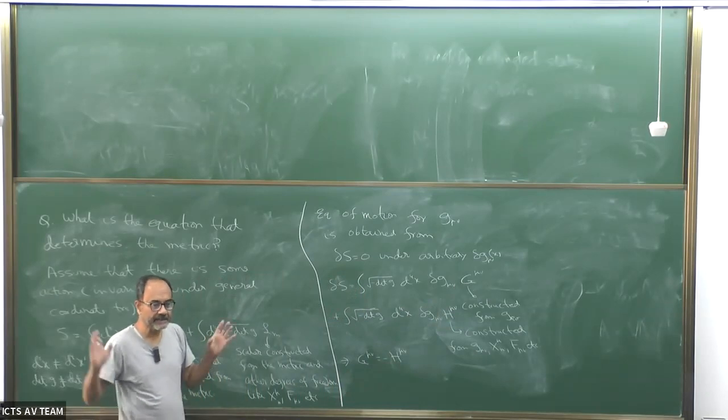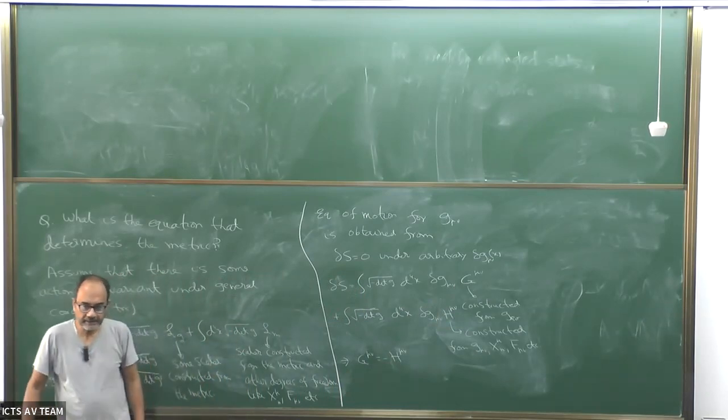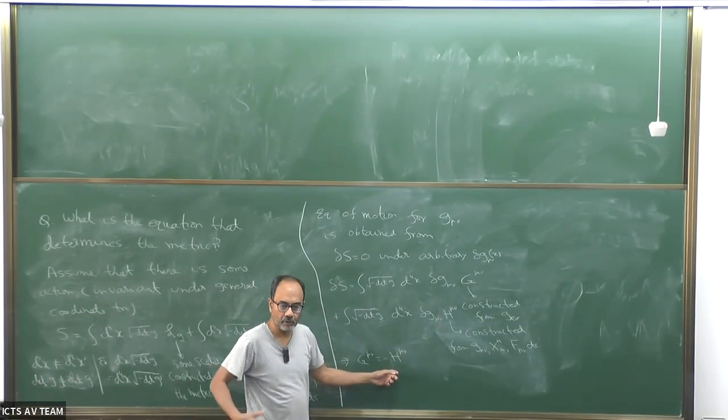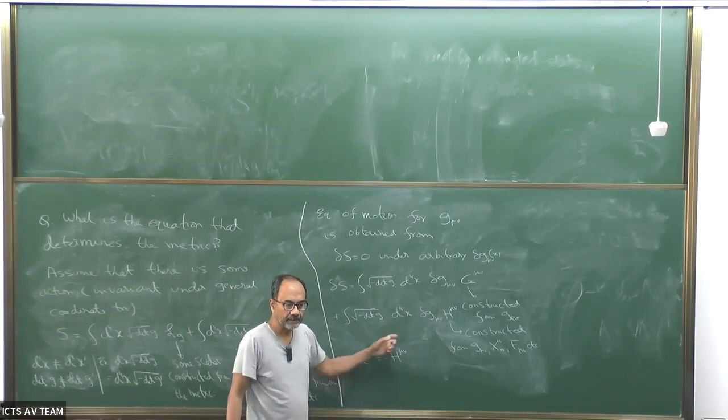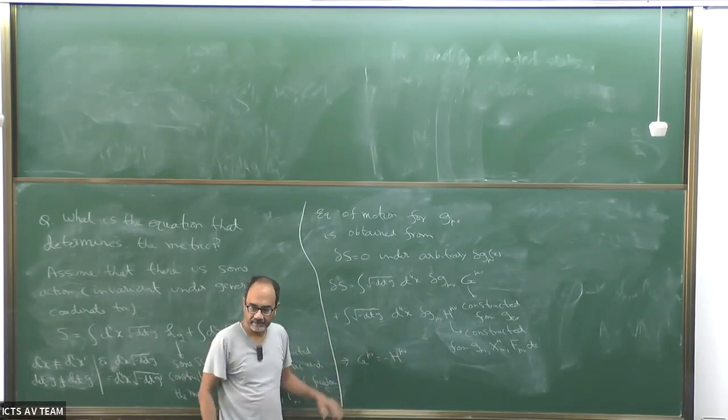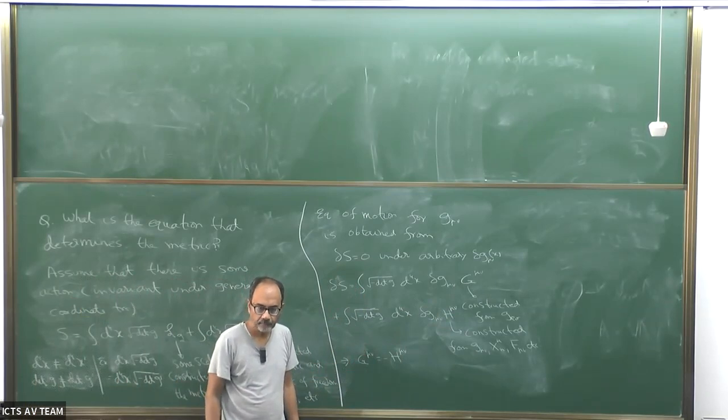This is the general structure of the equation that we expect. The left hand side contains only the metric. The right hand side contains the sources. It may also contain the metric, but predominantly it's the analog of the J^mu, and this is the analog of the left hand side of Maxwell's equation. Is that clear?